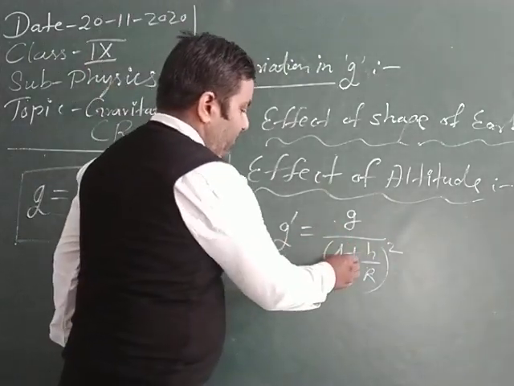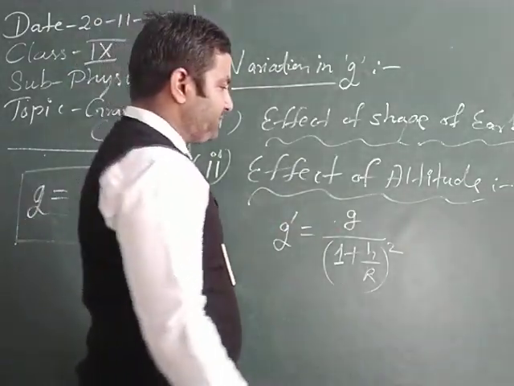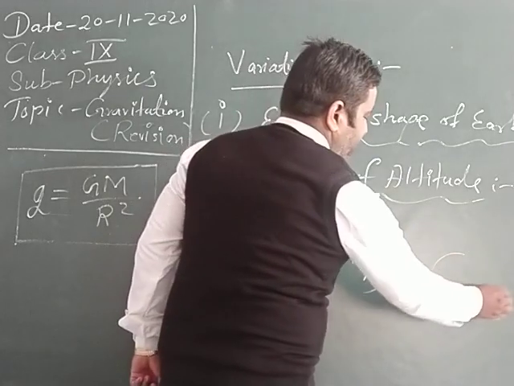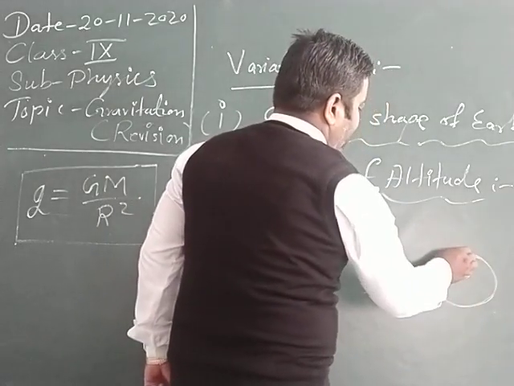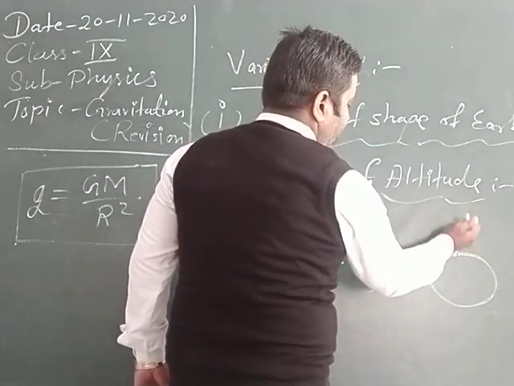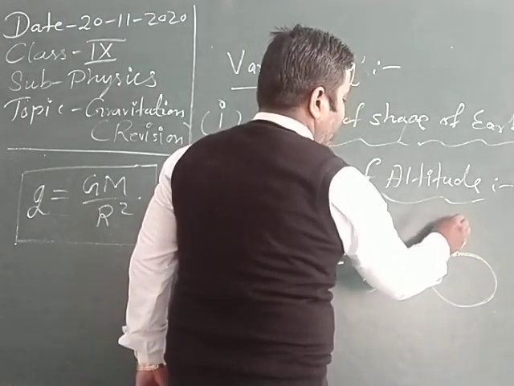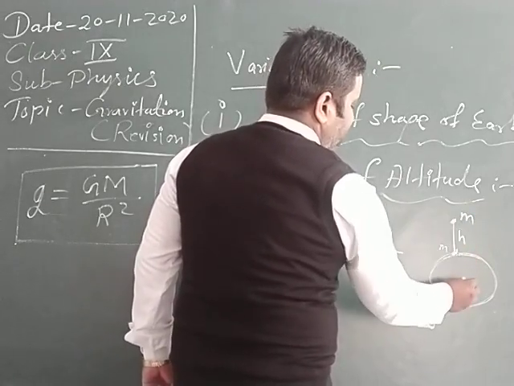Clear? This is the value of gravity at h height above the Earth surface. Suppose this is the Earth surface, Earth shape, and the body is raised up to h height. This is the position of the body at height h.